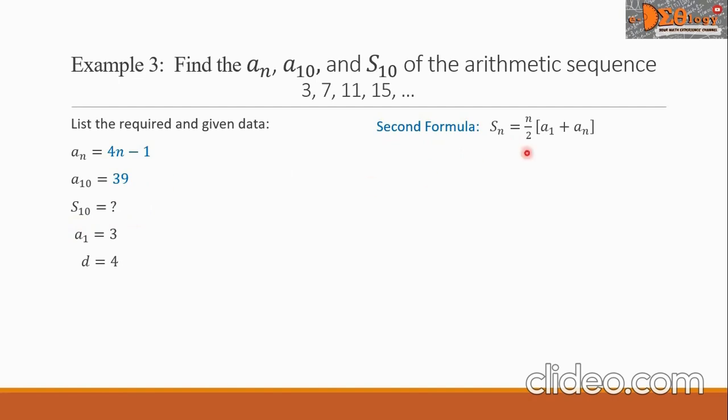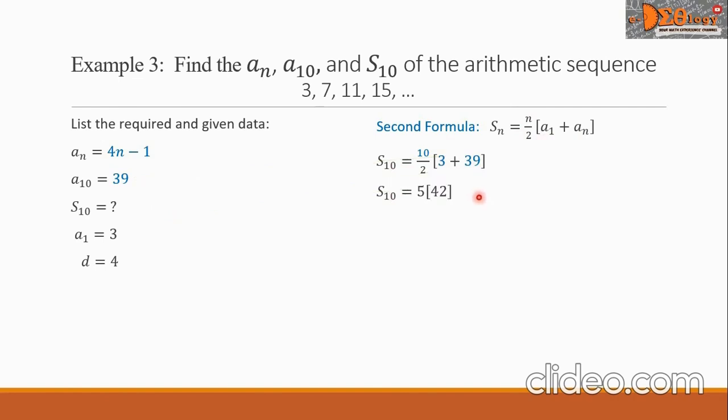However, the second formula is much easier to use. So s sub 10 equals n over 2 is now 10 over 2 multiplied by a sub 1, the first term is now 3, plus a sub n, or this is a sub 10 equals 39.